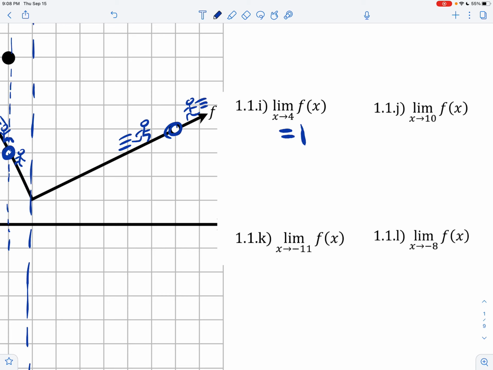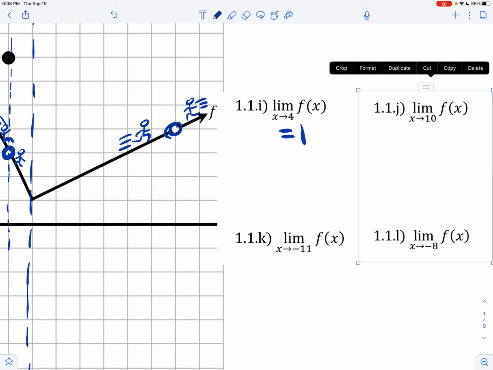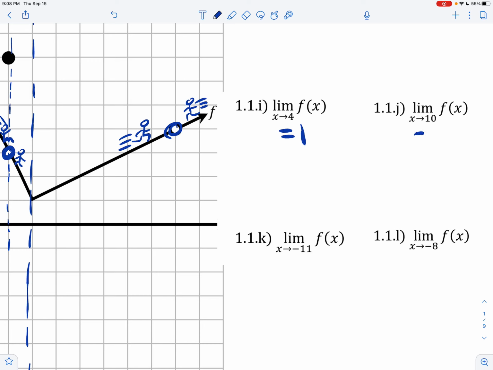There is no f of 10 that's defined for us, but it looks like they're trying to meet there. So in that case, the limit is equal to 4. Again, we can't say f of 10 is equal to 4. That's not correct because of this hole. It does not exist. But the limit does. We do get really, really close to it.